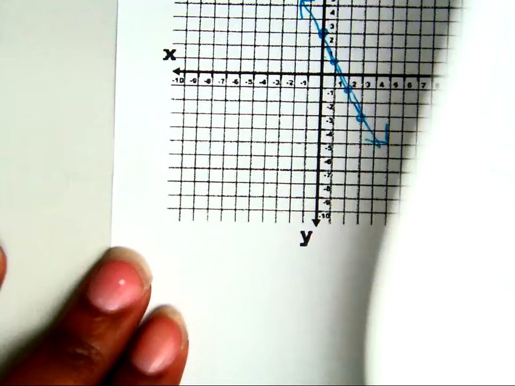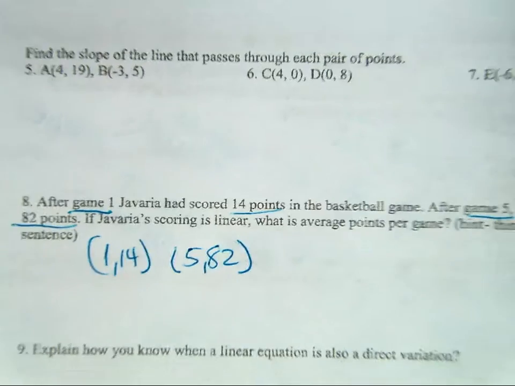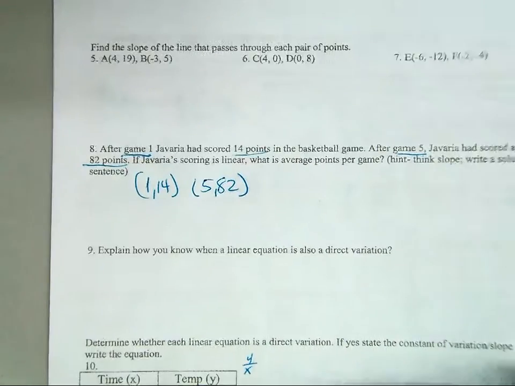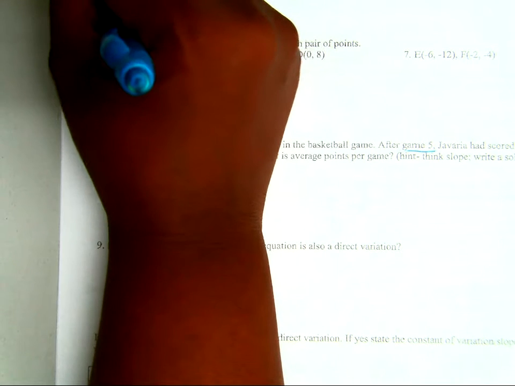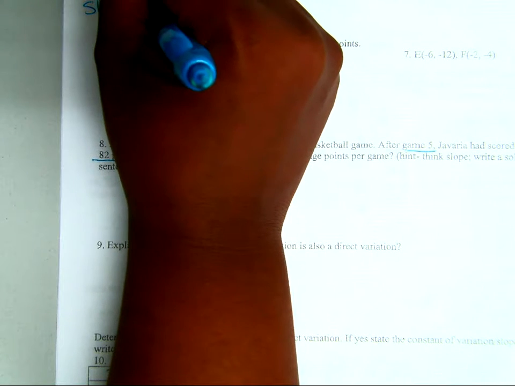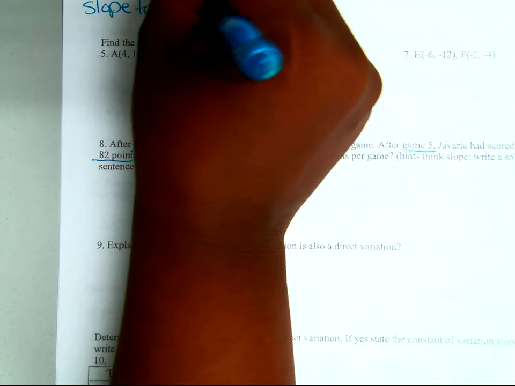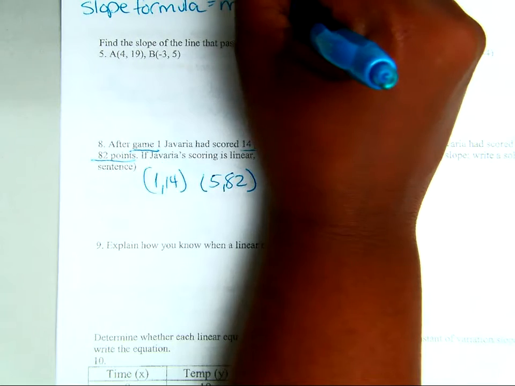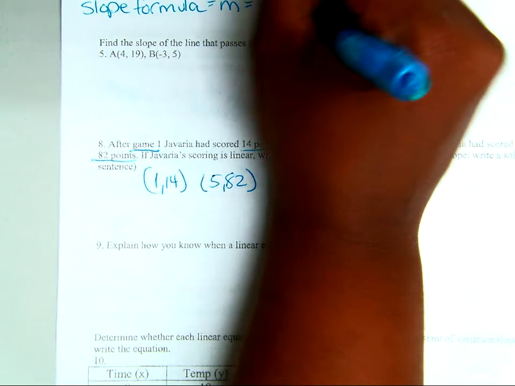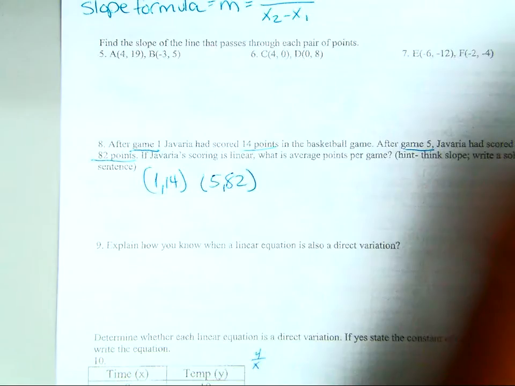Got that? Let's keep running through. If I need to find the slope of a line, I probably should use the slope formula, because m equals y2 minus y1 over x2 minus x1.